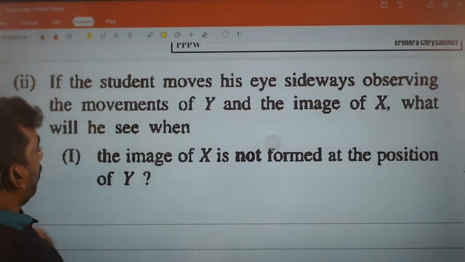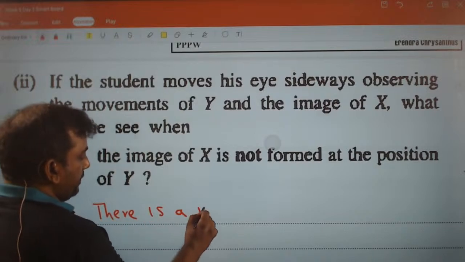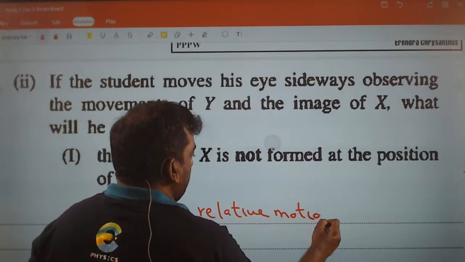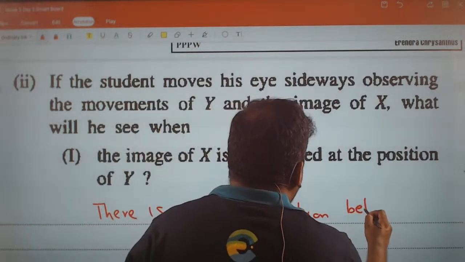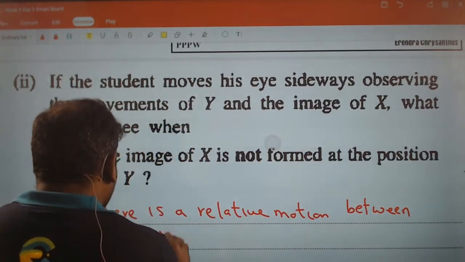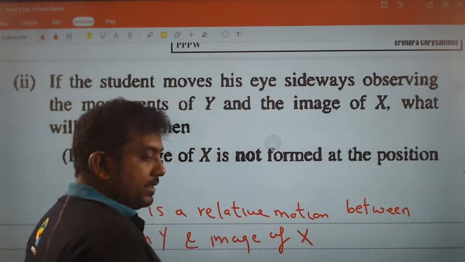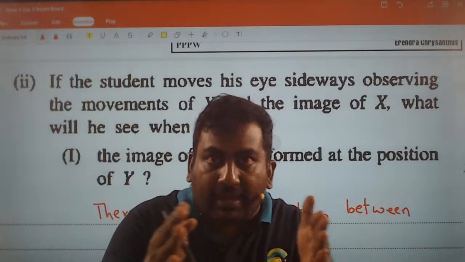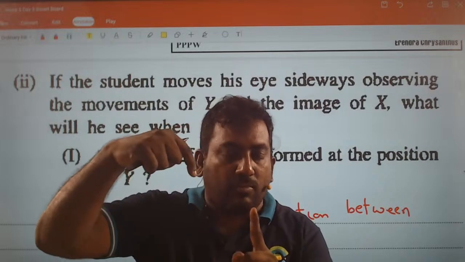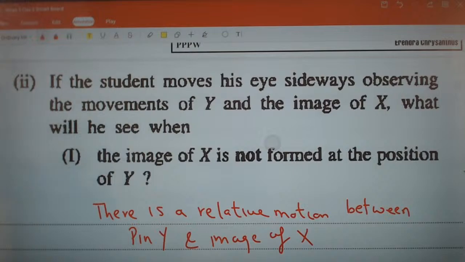So if it's not formed, there is a relative motion between pin Y and the image of X. So when you are moving your eye in the lateral direction, if the pin and the image are moving with a relative motion, that means they are not coinciding with each other.